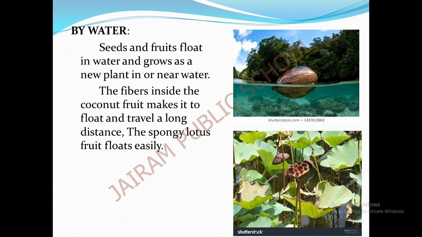The fruit or the seed will fall in the water and float. See, look at the picture. This is the coconut. This coconut will float in the water from one place to another, and it will settle down in a place in the water area or near the water area.